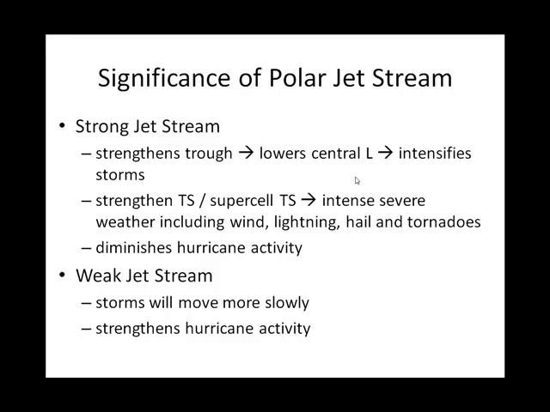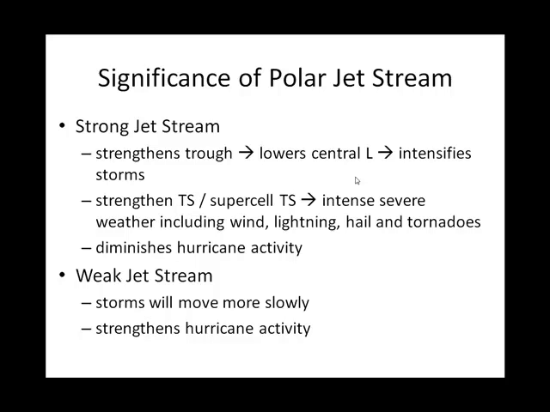I don't know if you remember this too, but with regard to the jet stream and hurricane activity, a strong jet stream messes up your hurricane, so it will diminish hurricane activity. A weak jet stream, on the other hand, will cause storms to move more slowly, and they will strengthen hurricane activity. And with a weak jet stream, you would expect your thunderstorms to be less severe.